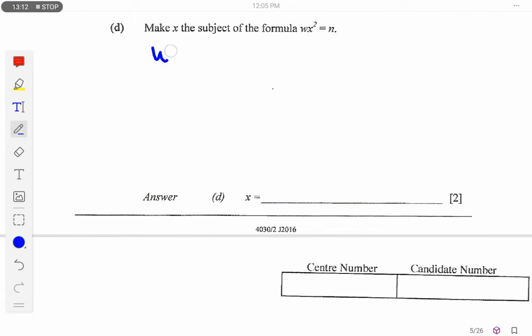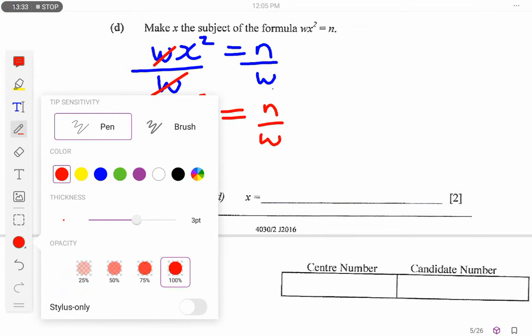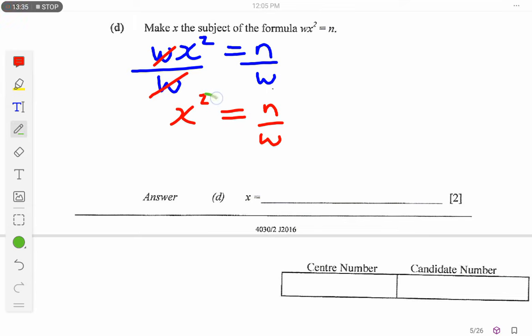We have w x squared is equal to n. So if we want to have x, we are going to remove w first. We divide both sides, and they are going to cancel off each other on this left side, and we remain with x squared is equal to n over w. To remove the squared then, I can raise everything to the power of half.